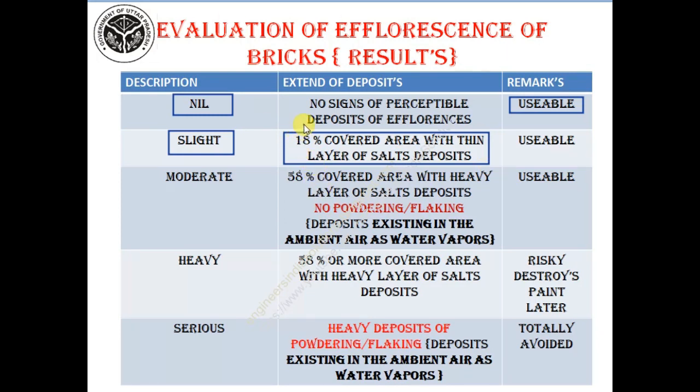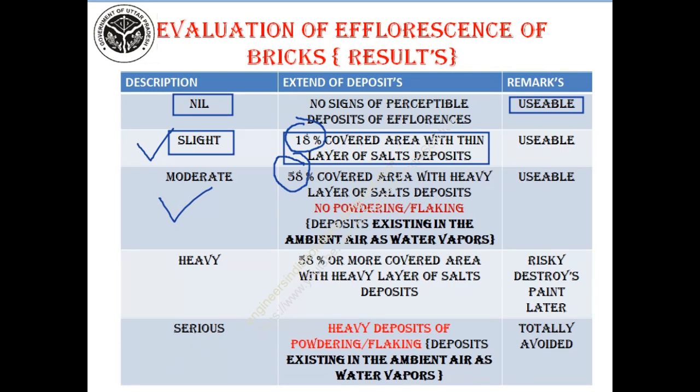This has to be not more than 18%, then it comes under the heading of slight. Then it is for the moderate one. So here the level is 58%, and this 58% area is taken up for the covered area or the surface area.